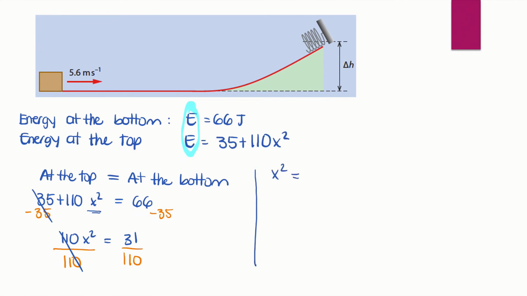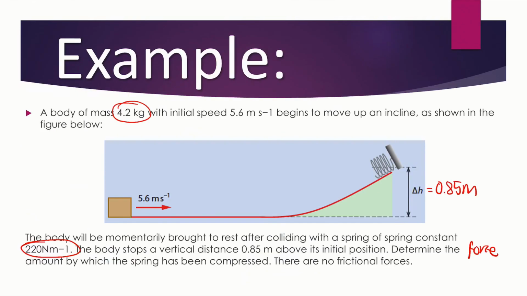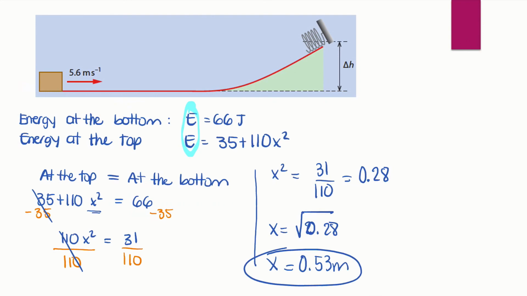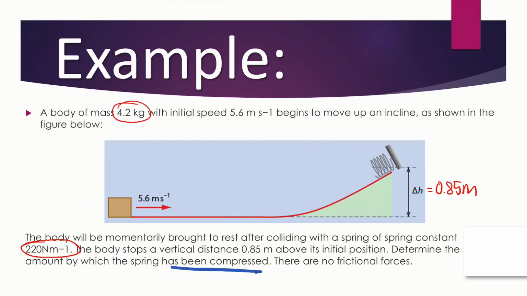Then we're going to have x squared equals 31 over 110. And the root of 0.28 is 0.53 meters. So the amount by which the spring is compressed is 0.53 meters.